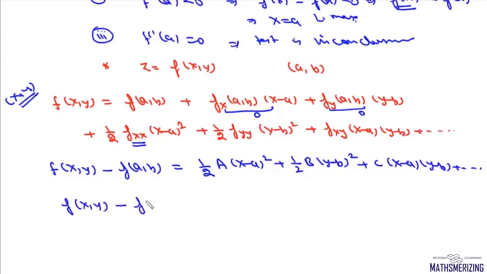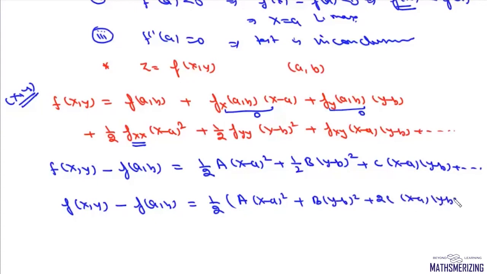f x y minus f a b is nearly 1 by 2 into a x minus a square plus b y minus b square plus 2c x minus a into y minus b. Now here what we'll also do is we'll take y minus b square common from this bracket.